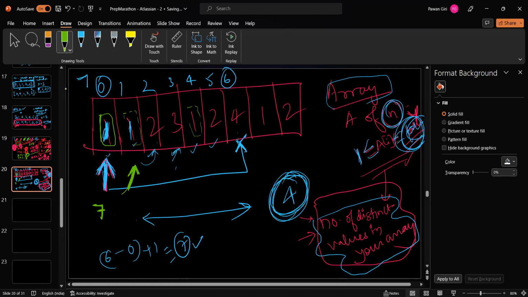So I'm moving my start point, and here I have all the talents. I can see I have 1, 2, 3, and 4. So I'm good. This can be my end point. For index 1, the start point is 1, the end point is 6, and the number of students is 6 minus 1 plus 1, which is 6 only.